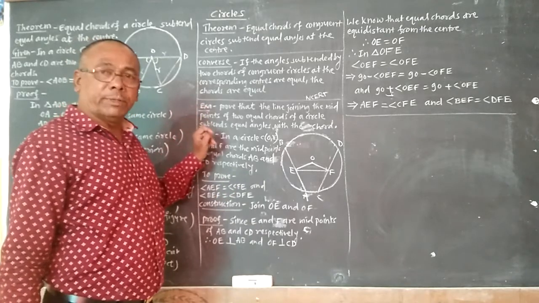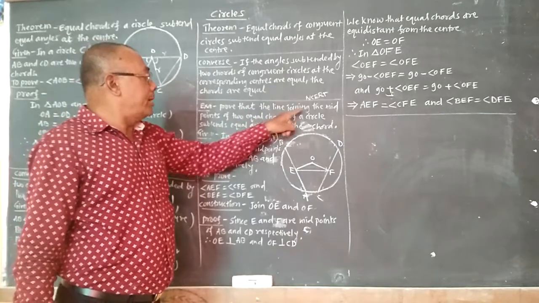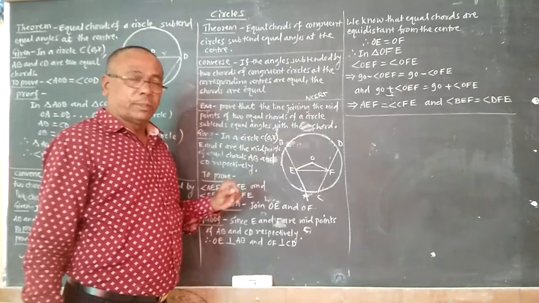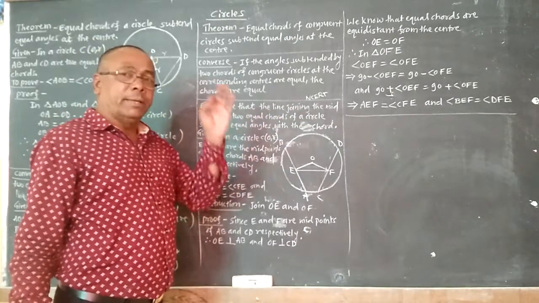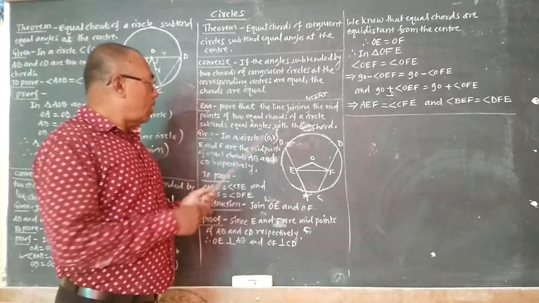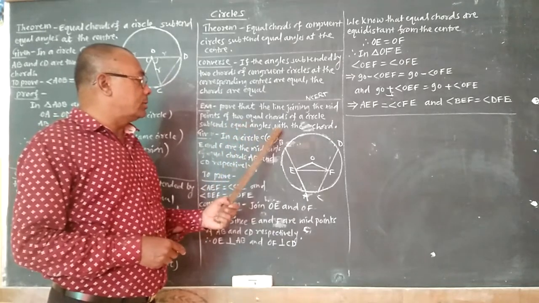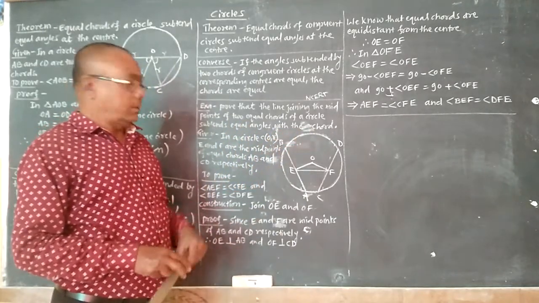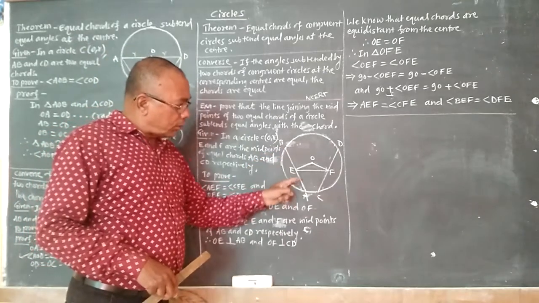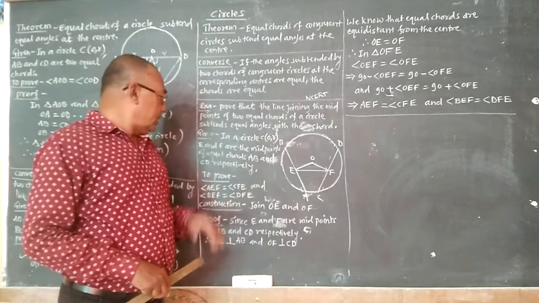Here the example is: prove that the line joining the midpoints of two equal chords of a circle subtends equal angles with the chord. Means angles with the chord, not the center.